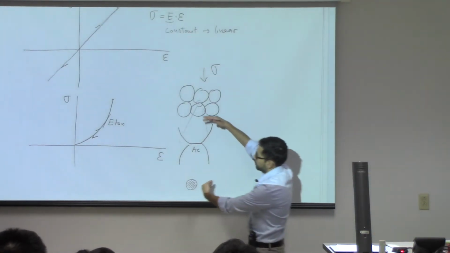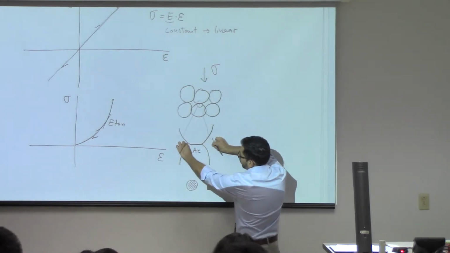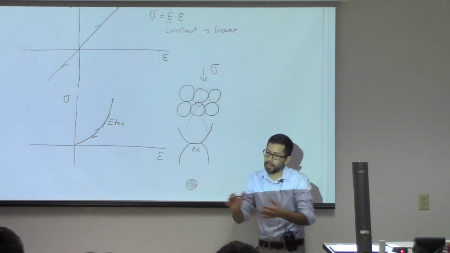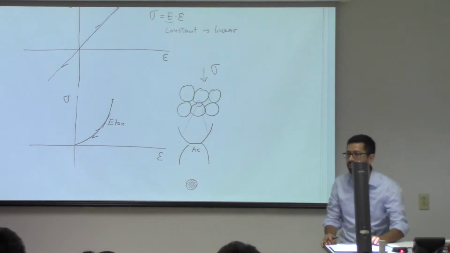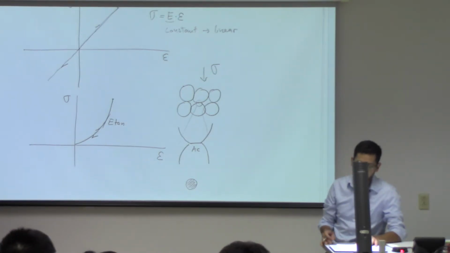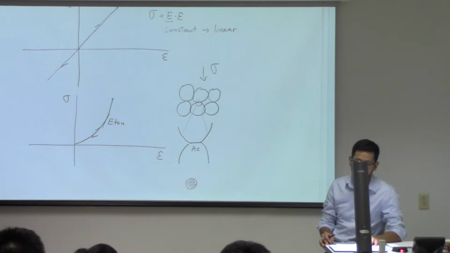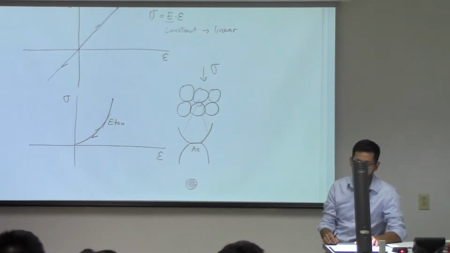So the more stress you put on this, the larger this contact gets, and the more area you have in the contact, the stiffer the material gets. That's a very well-known property of granular media. They are stress sensitive, and the more stress you put, the stiffer they get, as long as you remain within the elastic domain.